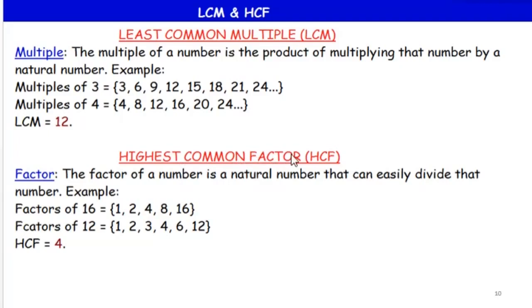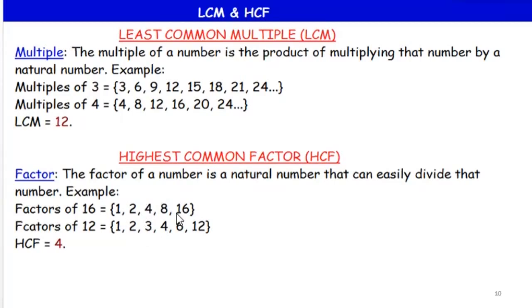Now the highest common factor, as the name suggests, looks at common factors, right? So first of all, we are going to focus on the common factors, then we are going to look at the highest amongst the 2 sets.